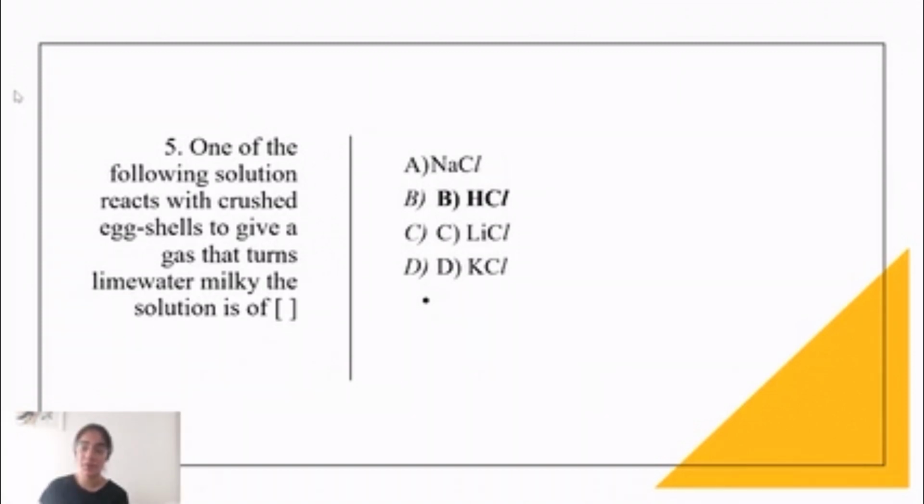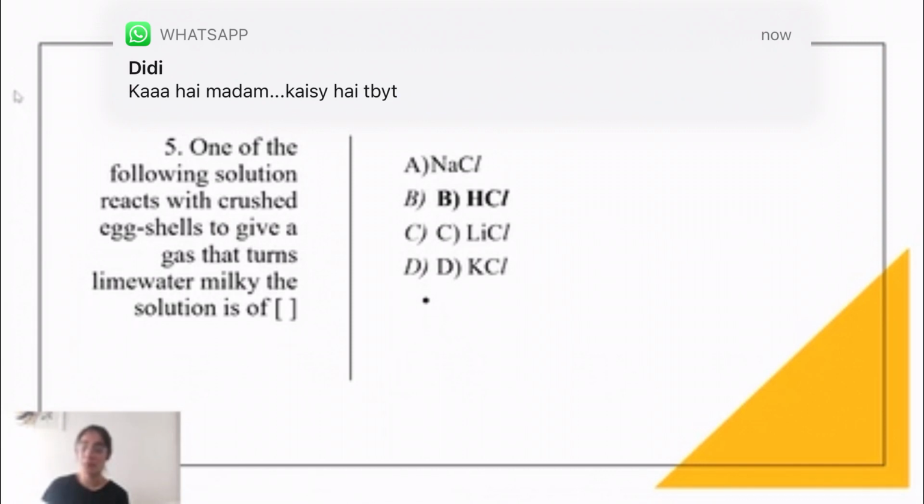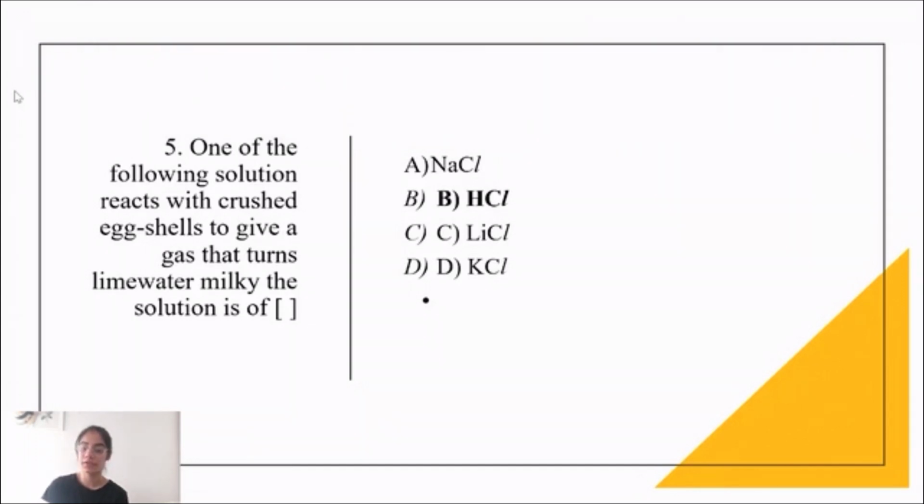So calcium carbonate will react with HCl to give CO2, calcium chloride and water. The CO2 produced will, on reaction with lime water, turn that water milky due to the formation of a white precipitate. So the answer is HCl.